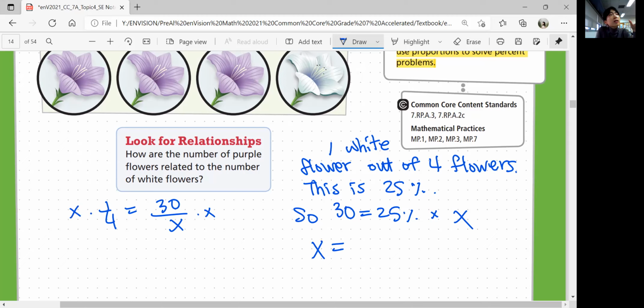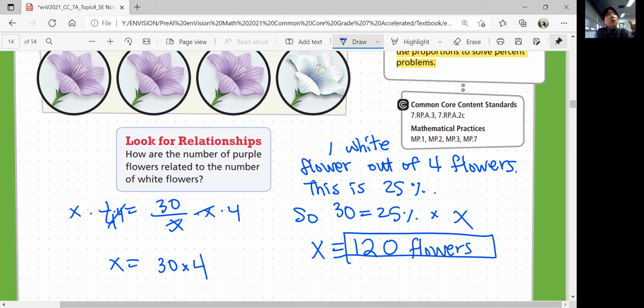Times x on both sides, and then times 4 on both sides. And then you have x is equal to 30 times 4, so 120. 120 flowers is going to be the total flowers for 30 arrangements.